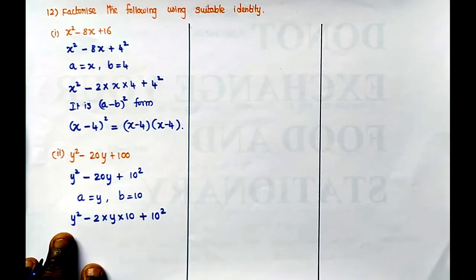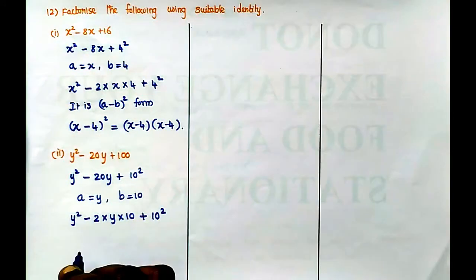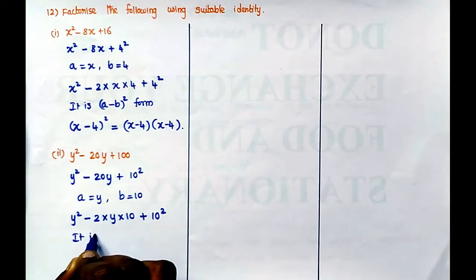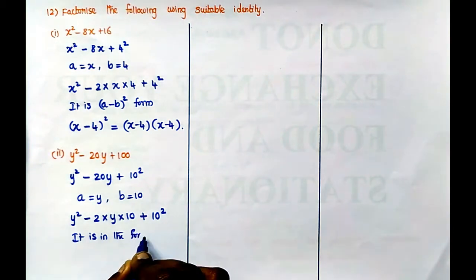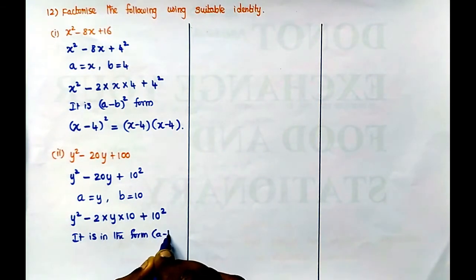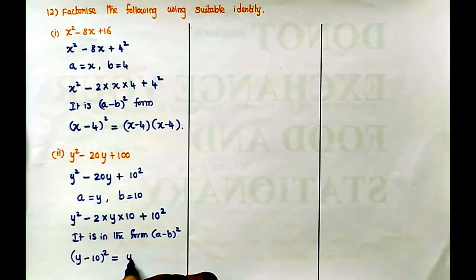Now listen here, a squared minus 2ab plus b squared again. So it is in the form a minus b whole squared. So how will you write that? (y minus 10) whole squared. How will you expand that? (y minus 10) into (y minus 10). That is the answer.